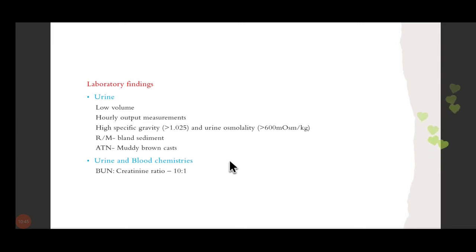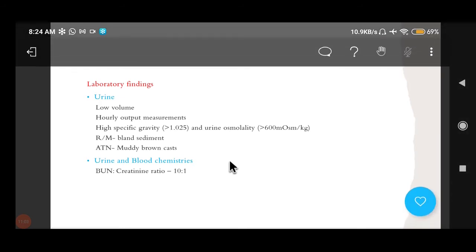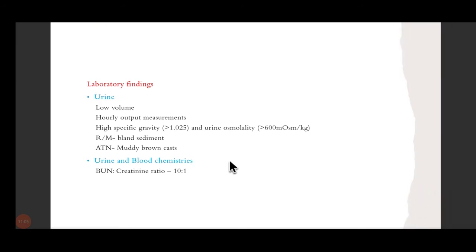If you were to evaluate or investigate such patients, you will find that there is low volume urine output. A precise measure of the urine output could be obtained if you catheterize the patient when he has presented to you, and you take the hourly output, noting that these days we have those Urobags with a marking which can enable you to note down the hourly urine output.